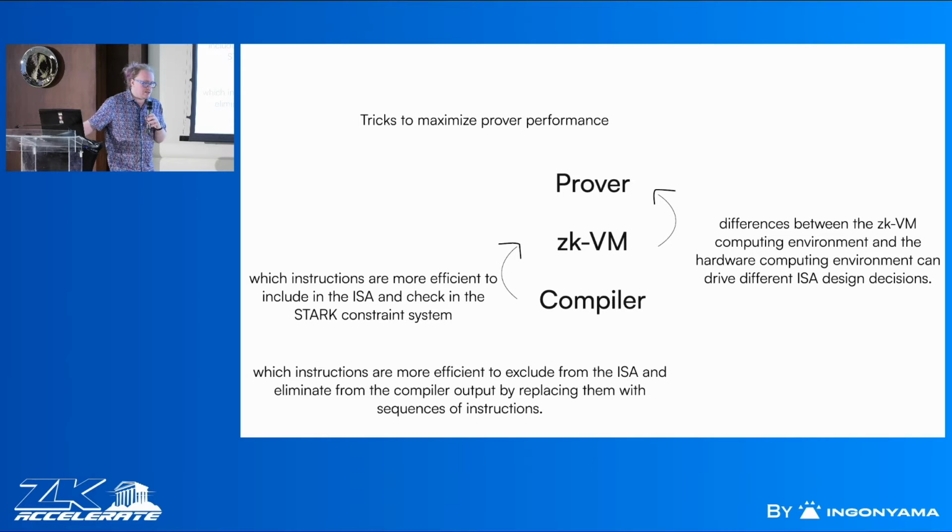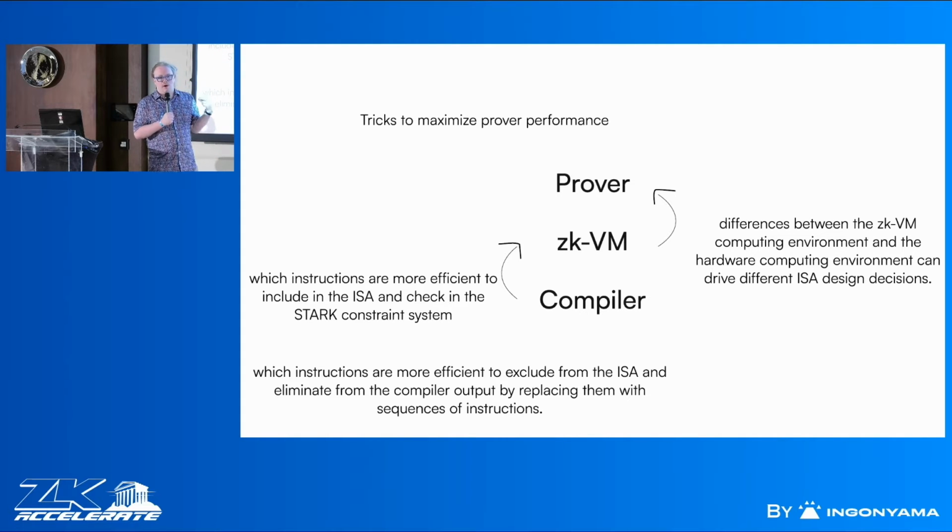To have a really performant ZK VM, there are two sides of it. One side, coming from an ordinary language, is the compiler. The other side is interacting with the cryptography and proof system itself, and the VM sits in between them. So we start at the top and work down, rather than starting with something that we can compile to, like RISC-V.